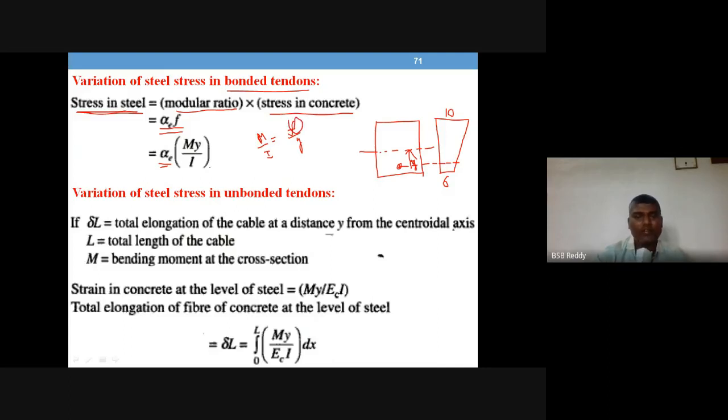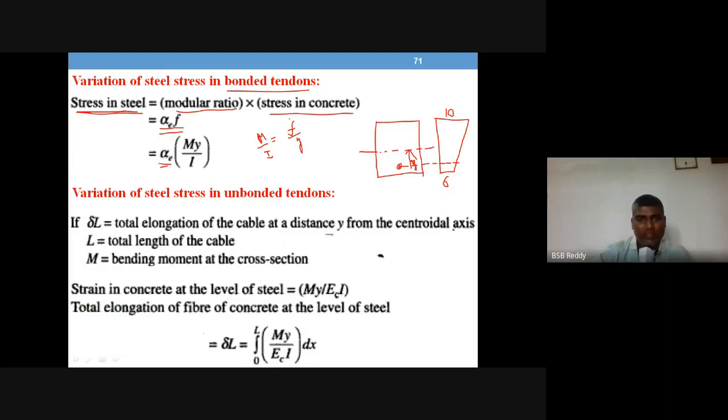This is how we will be able to find the stress in steel if you have a bonded tendon. It is so simple. Find the stress in concrete wherever the steel is, at the level of steel.